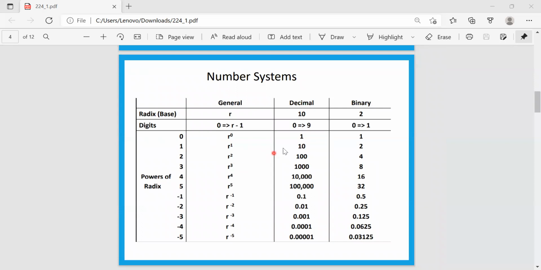For the decimal system, the base is 10, and we define the 0th power as 1, the 1st power as 10, the 2nd power as 100. We can define any number using a linear combination of these numbers. For binary, the base is 2, so any number can be defined by a linear combination of powers of 2.